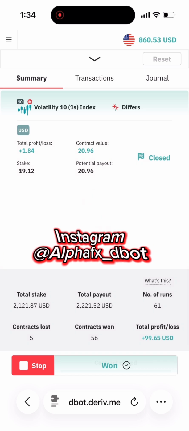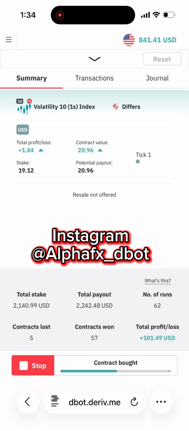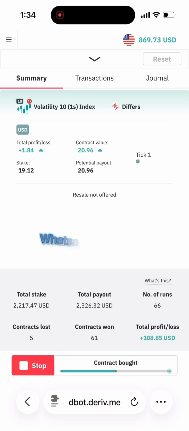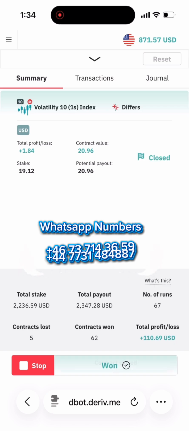Now, before revealing the results, let me share something important with you. Many traders believe success comes instantly, but real progress in trading usually comes from patience and consistent learning. Some people give up too early, while others continue improving their approach until they find something that works for them. Trading is not just about entering trades. It is about discipline, risk control, and continuous improvement.